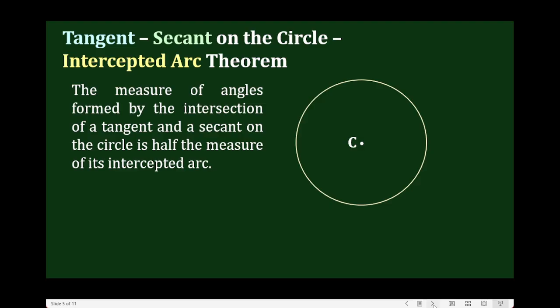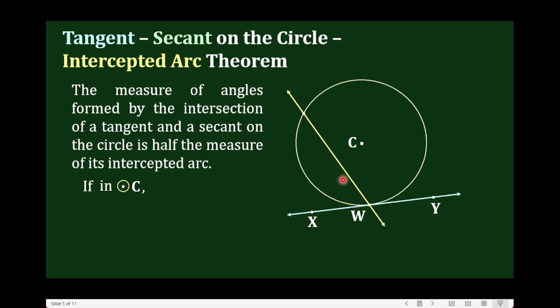With this figure, we draw a tangent at this point, and that point of tangency is point W. Now, this tangent is named as line XY. And along this line, we draw another line passing through these points: one point on circle C and the point of tangency.